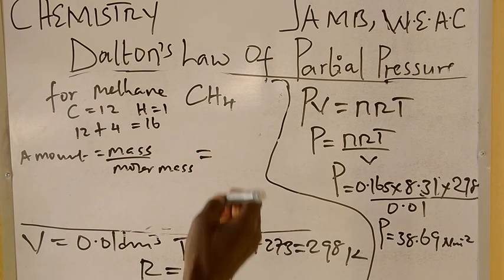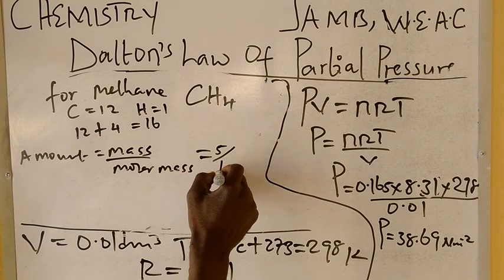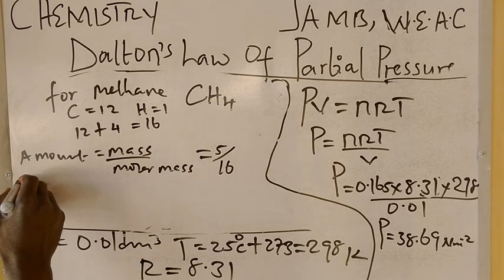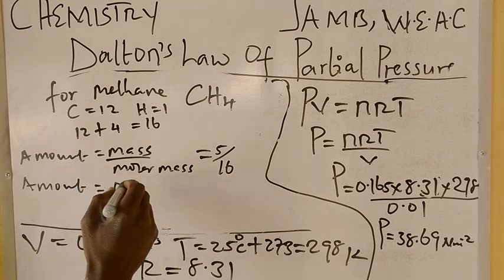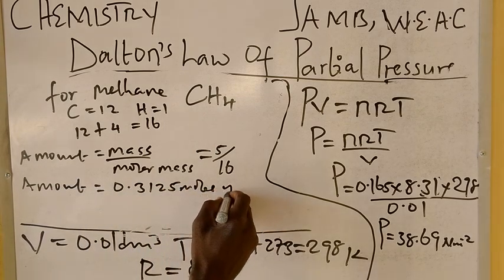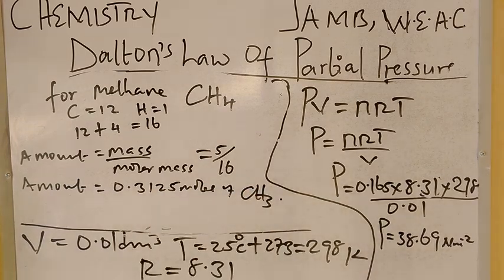The mass is 5 and the molar mass is 16. So 5 divided by 16 is 0.3125. The amount is equal to 0.3125 moles of CH4.